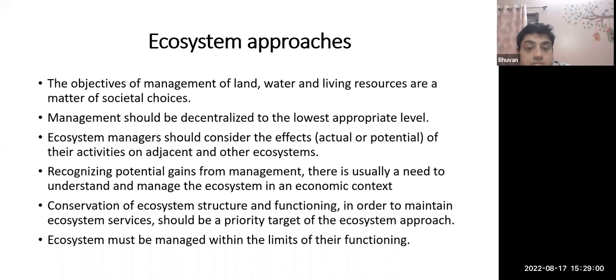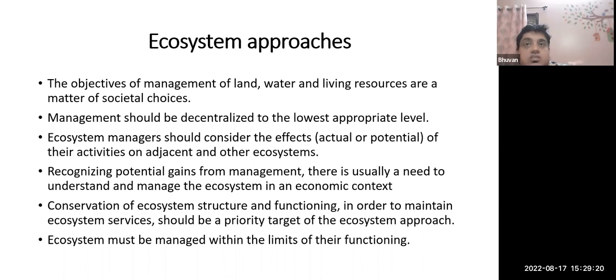So also the ecosystem approach of conservation must contextualize or take into consideration the economic aspects or the potential gains which we get from the conservation of the ecosystems. This must also be followed, especially in the case of agrobiodiversity.